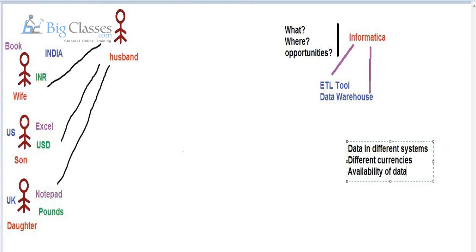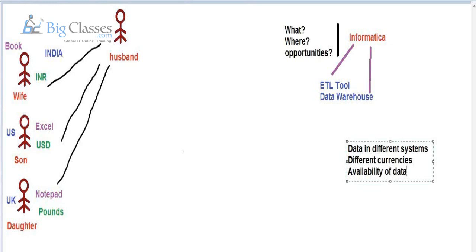Whenever there is daytime in the US, the son will send the details, and from the UK, the daughter will send the data at a different time, and the wife will give the data at a different time. So he needs to wait for some time to get all the data from family members. So these are the three different problems that the husband is facing.